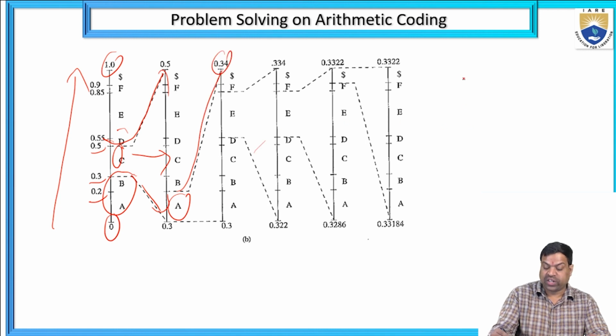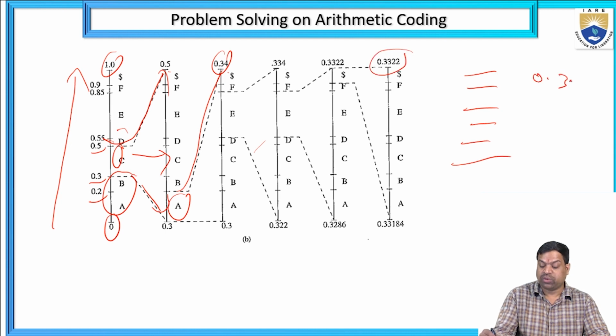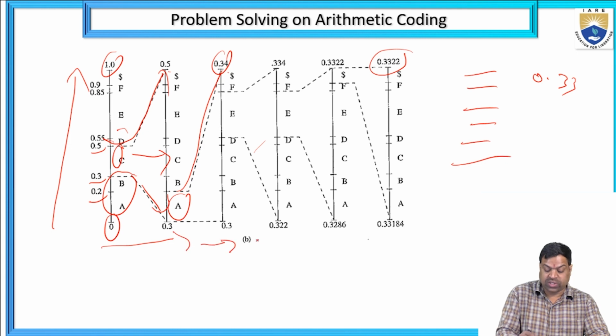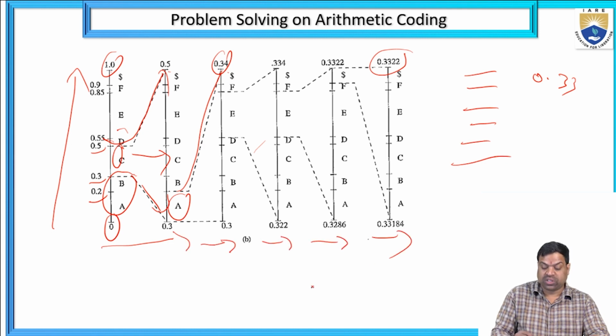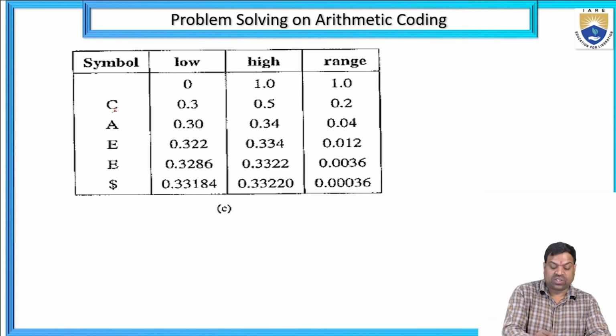Finally, individually, we got 0.5, 0.35, 0.334, 0.33, 0.33. So what is the final value here? 0.33. The probability value is 0.3. So the symbols are there. See, what is the lower value?